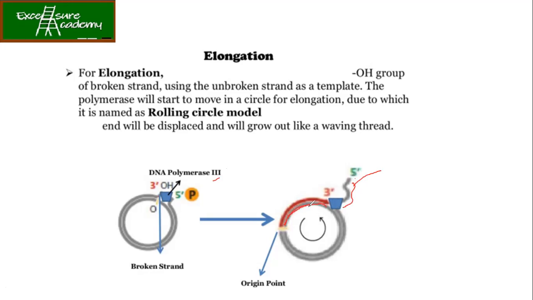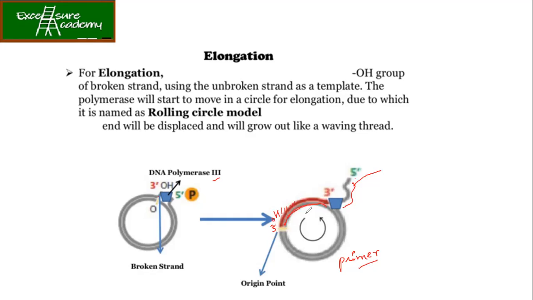Now we have the template, we have the 3' OH, and we also have DNA polymerase. So there is no requirement of primer, right? Because this 3' OH itself will act as a primer, and to this your DNA polymerase keeps on adding the new nucleotides.